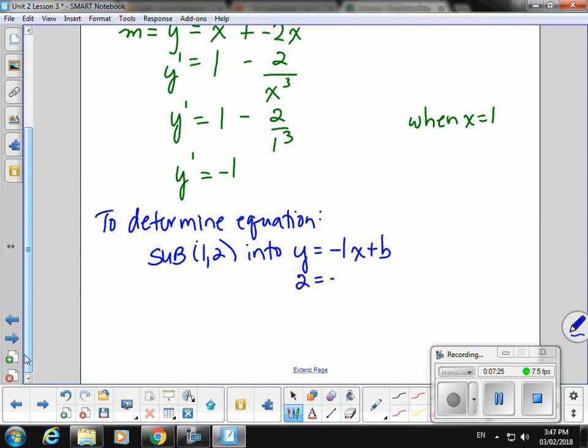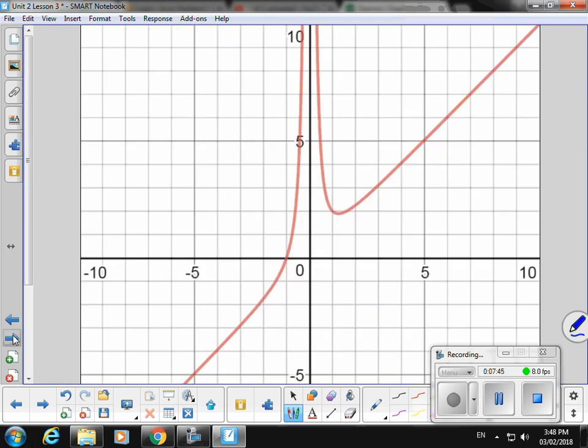2 equals negative 1 times 1 plus b. Add 1 to both sides to find my y-intercept. And my final answer for this tangent line is y equals negative 1x plus 3. Let's draw it on our grid over the page. Negative 1x plus 3.